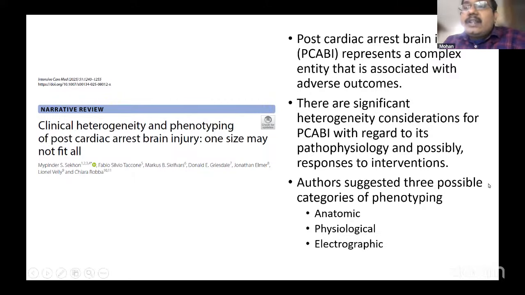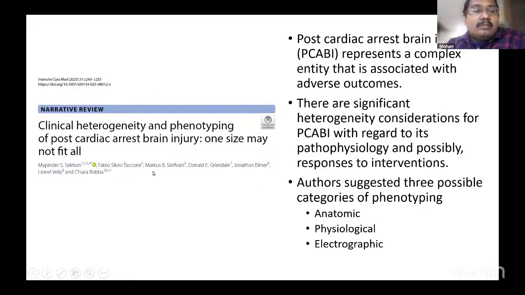What we need to understand is that by categorizing these patients into traditional groups, none of the trials were able to prove the efficacy of hypothermia despite having a physiological rationale. So there comes the factor of heterogeneity and phenotyping.